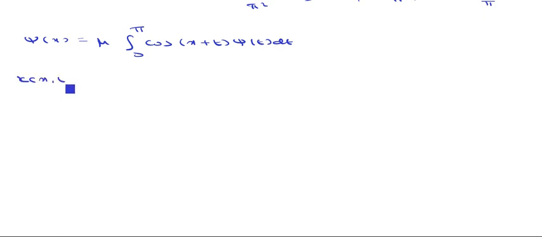Now this k of x comma t we can expand: cos(a plus b) is cos a cos b minus sin a sin b. So we will try to find a11.